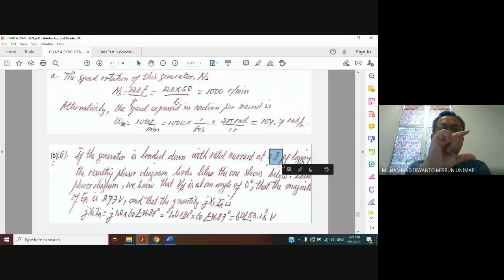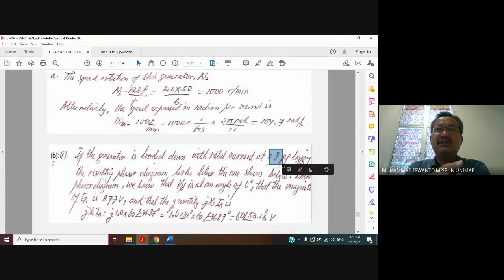So we know that EA is equal to the phase voltage plus jXS IA plus IA RA. This is the general formula.